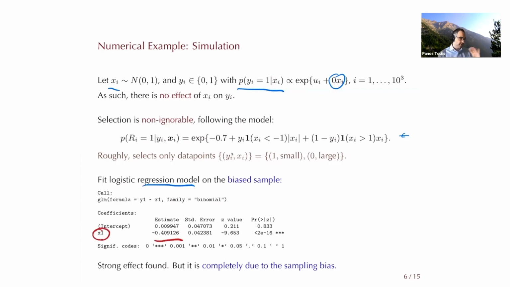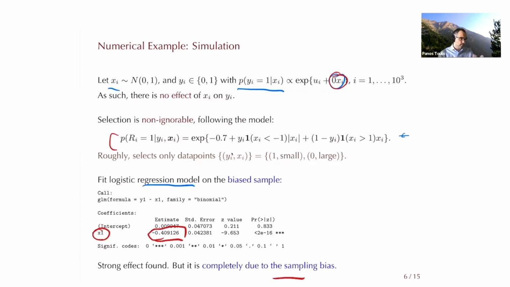It's negative and strongly so. So the model is very confident that this coefficient is strong, and that's the problem of sample bias, right? You can see that here the effect is completely due to the sample bias. Originally, there was no connection between outcomes and variables. Here, this non-ignorable selection bias is introducing that bias in my coefficient.